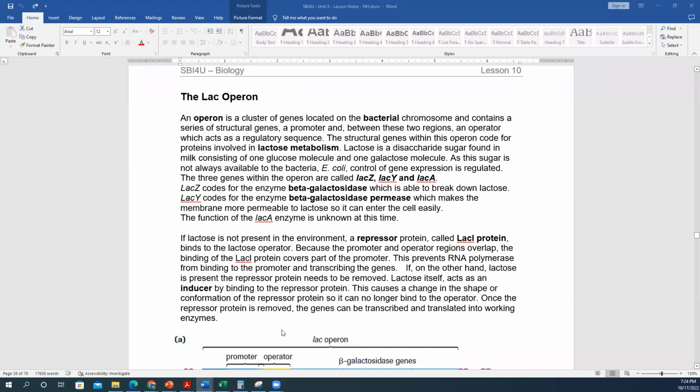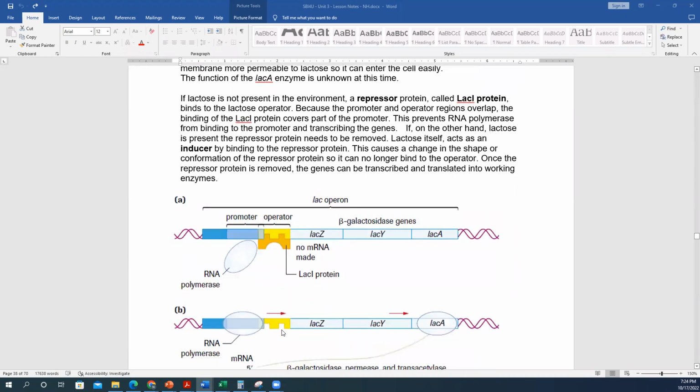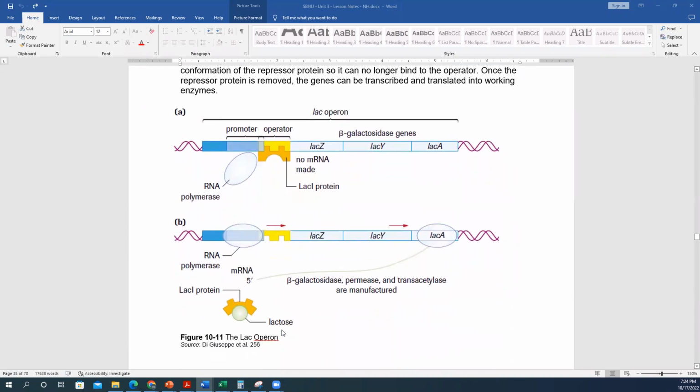Now we're going to look at an example of the lac operon, and we're going to go through this and understand it as an example of how a gene goes through this kind of regulatory control.